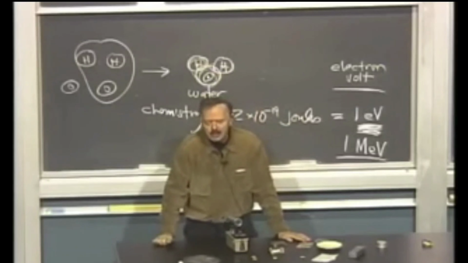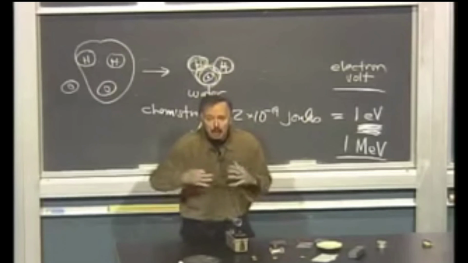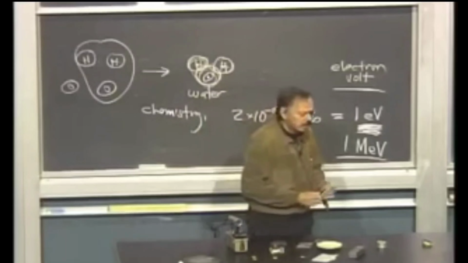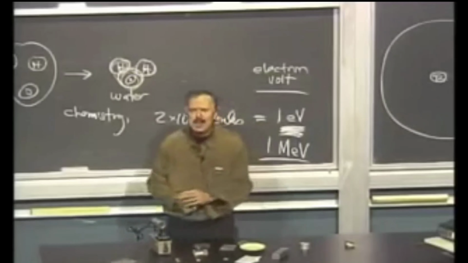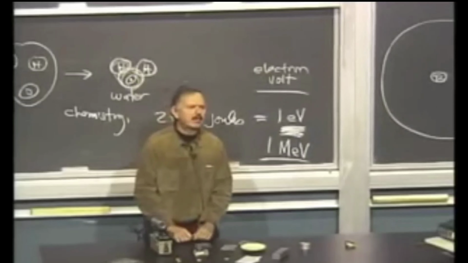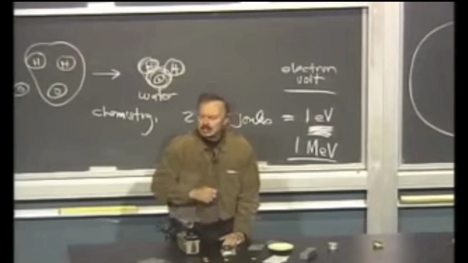They eventually changed that to the REM. I guess they had different ways of doing it: the amount of charge released, the amount of heat released. One of them was the Roentgen, and then they figured out really how much damage it does, and they called that the Roentgen equivalent. You don't have to know all this stuff.